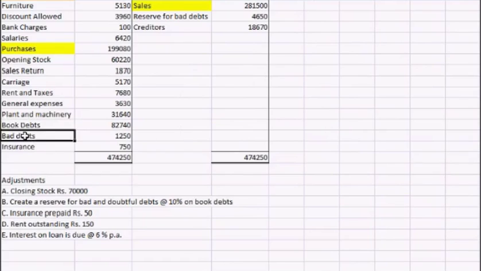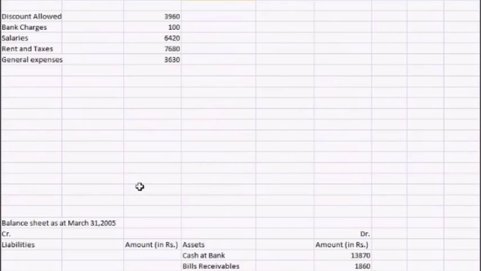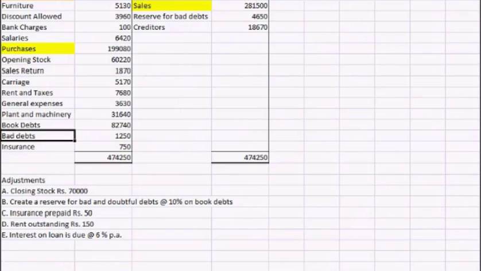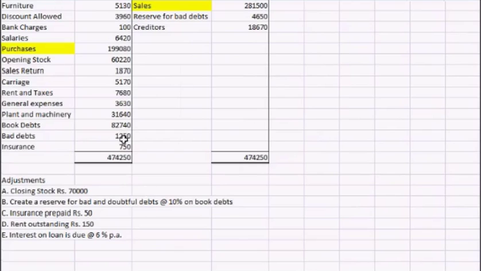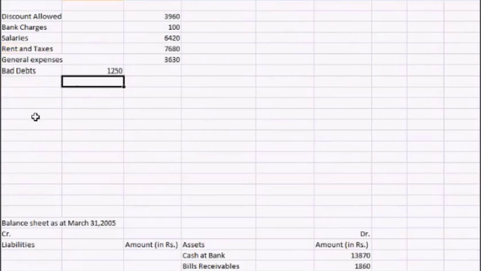So the next amount is bad debt. Bad debt again is under adjustment, so we'll write bad debts, but we'll keep the amount in the calculation part. So just write the amount, take this amount, and we'll keep certain space to incorporate the calculation and the adjustments.